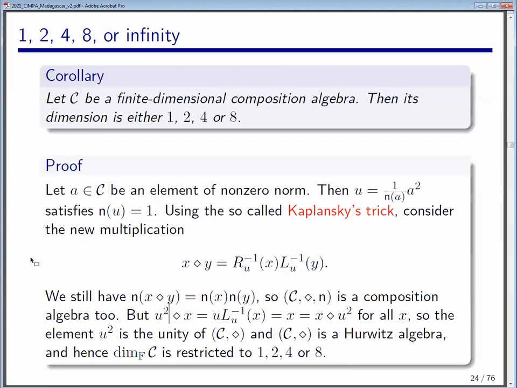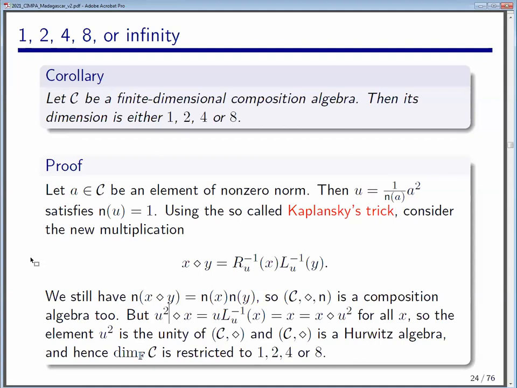So, summarizing the argument, what we have proved is that if we start with a finite dimensional composition algebra, and we are able to find an element of norm 1, that's easy.